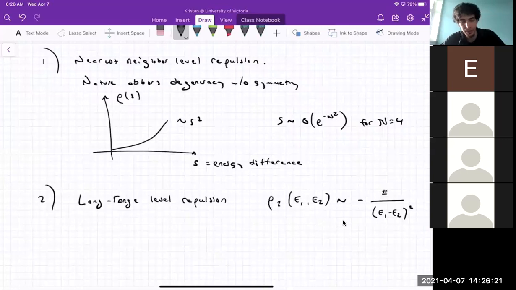This is what you get from random matrix theory, no? Usually. Yeah. This is one of the main results of the field of many-body quantum chaos, that you get exactly this result in random matrix theory. Random matrix theory makes a prediction for the coefficient that's there.